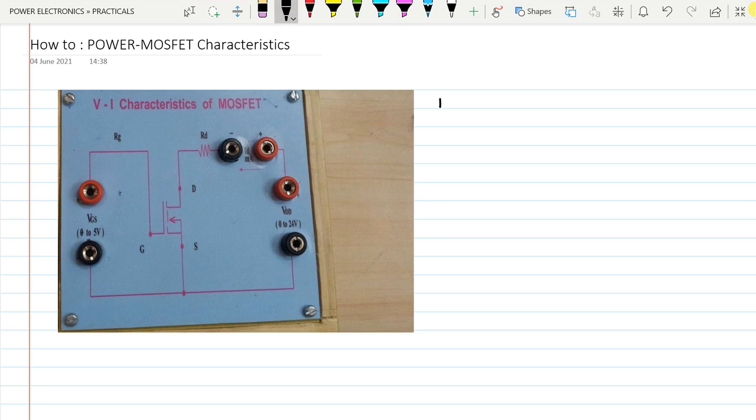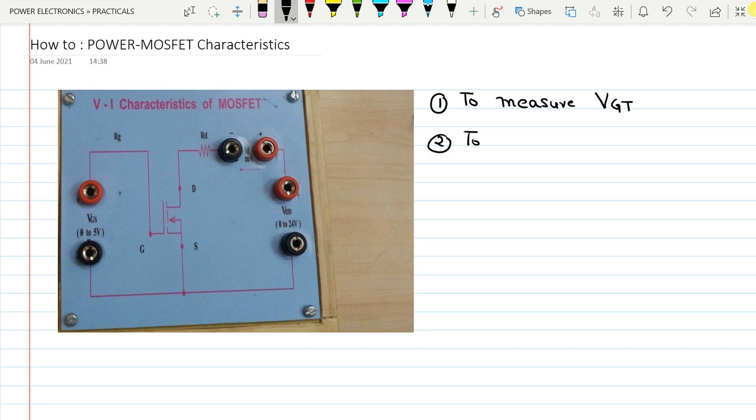First is to measure VGT, that is, the gate threshold voltage.